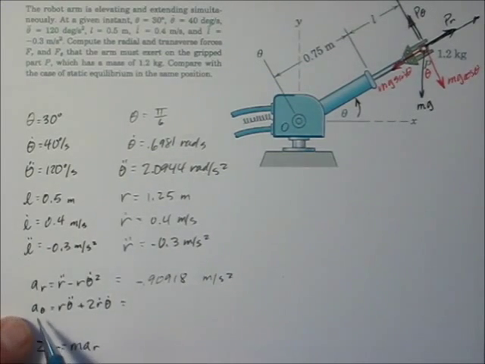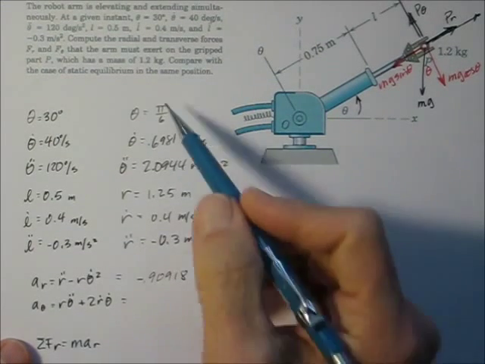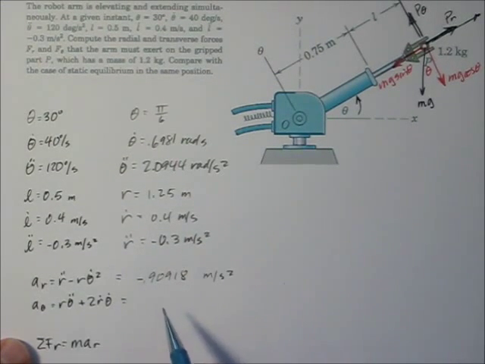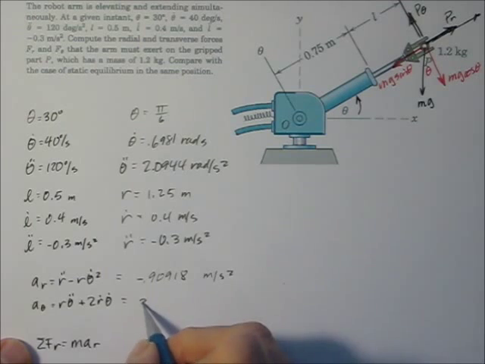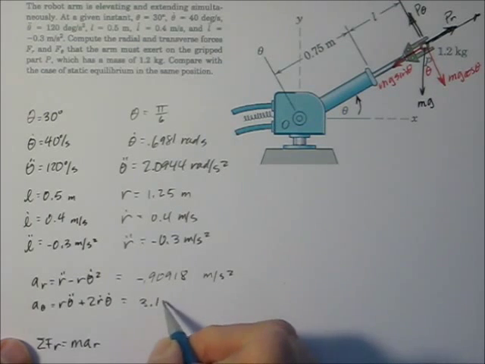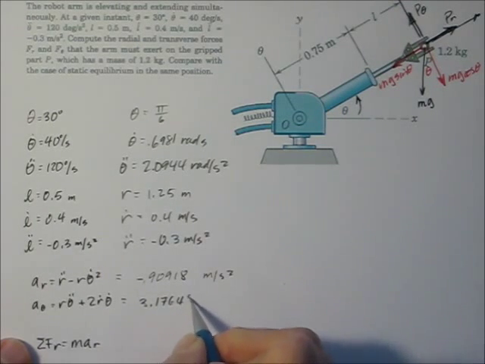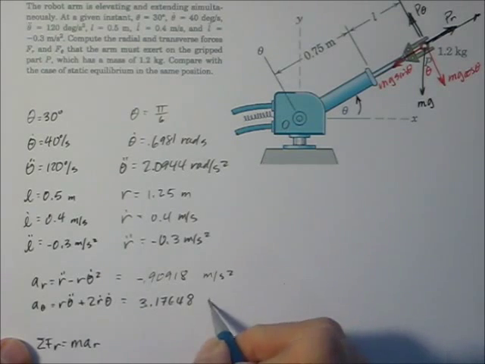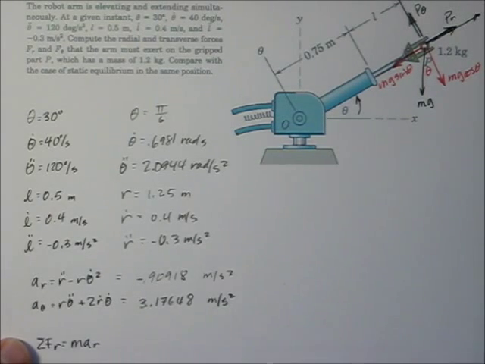The same with acceleration in the theta direction. If I plug all those numbers into that equation from chapter 12, we should be familiar with that, 3.17648. And I'm using a lot of decimal points here just because I don't know if it's going to be necessary or not to improve the accuracy. Sometimes 3 decimal points or 3 significant digits is enough. Sometimes you need a little bit more.